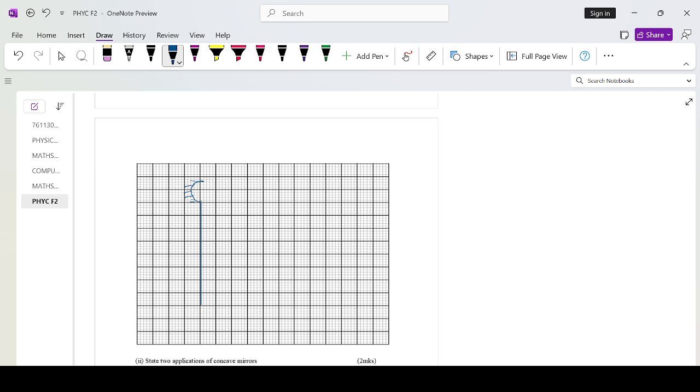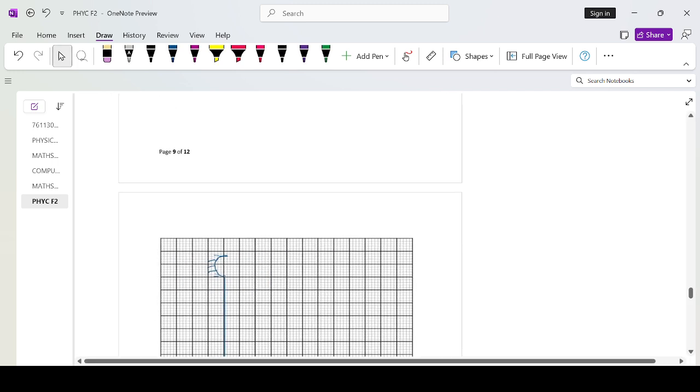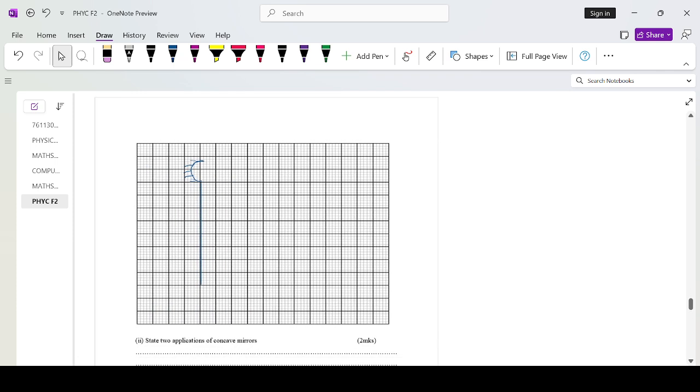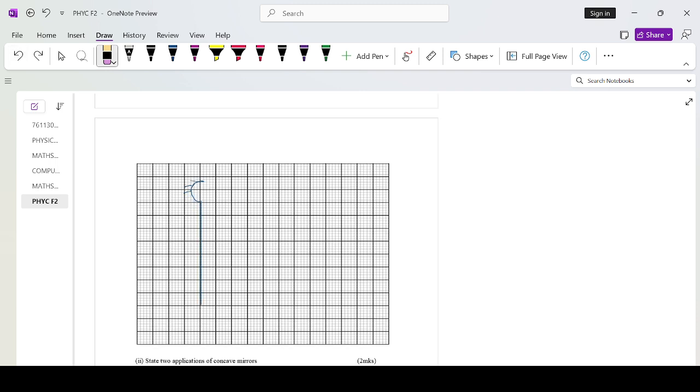They are saying that an object of height 2 centimeters is placed 5 centimeters in front of the mirror. 1 2 3 4. My god, I've squeezed this one too much and it might not work as we expect. Wait, let's see.